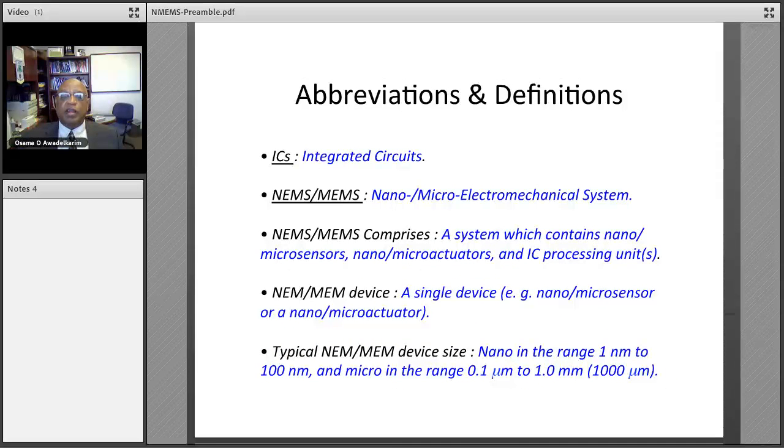I will start in this preamble by giving a list of abbreviations that I'll be using throughout this course, as well as some definitions of some terms that would show up during the presentation of this course.